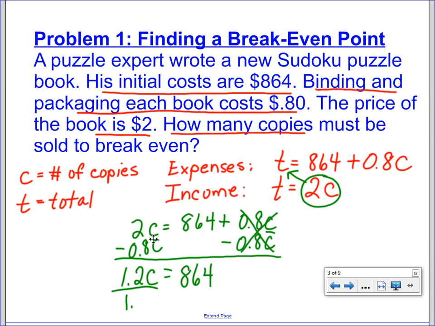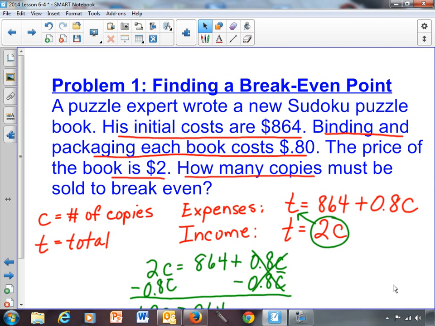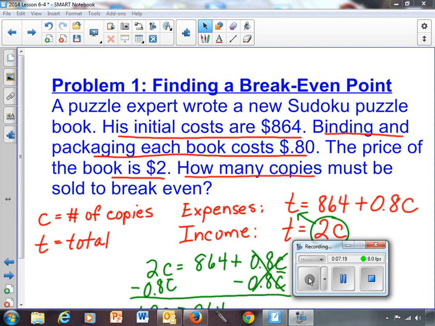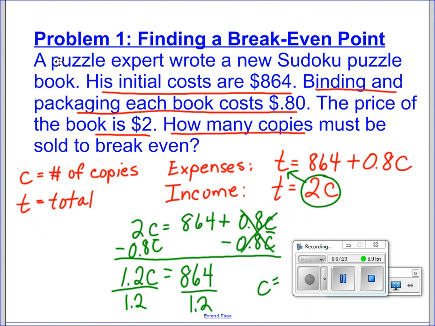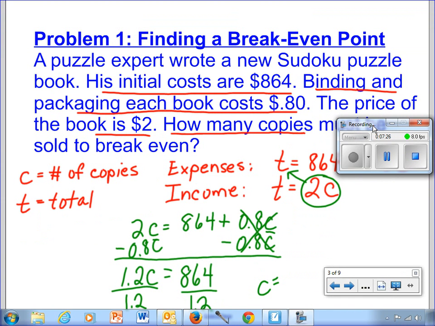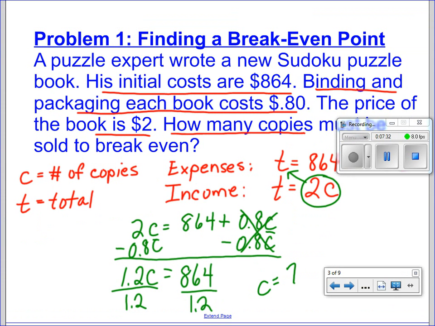Then divide by 1 and 2 tenths, and we get C is equal to 864 divided by 1.2, which is 720 copies.